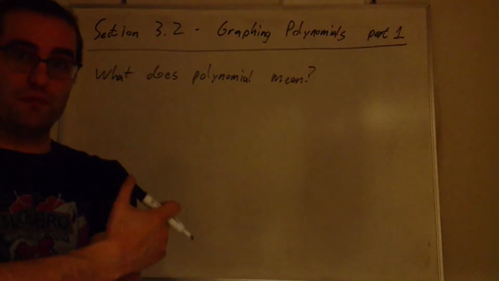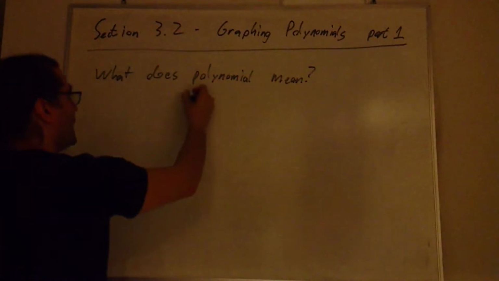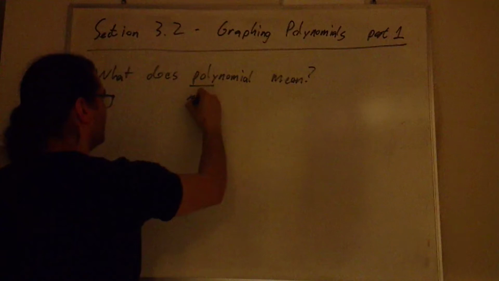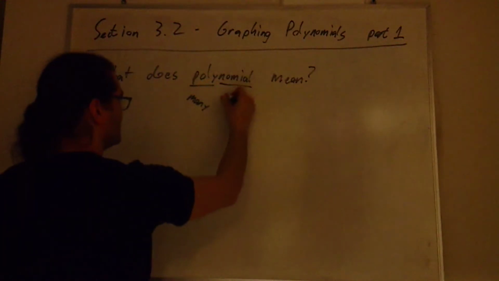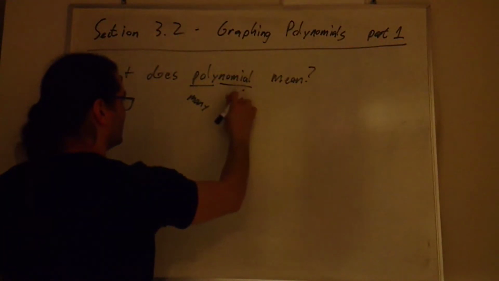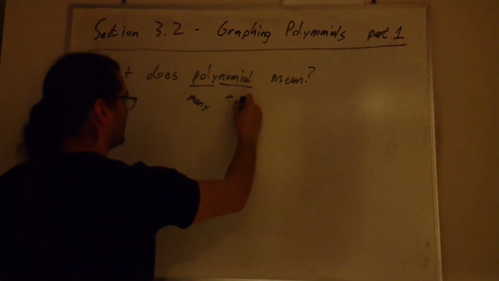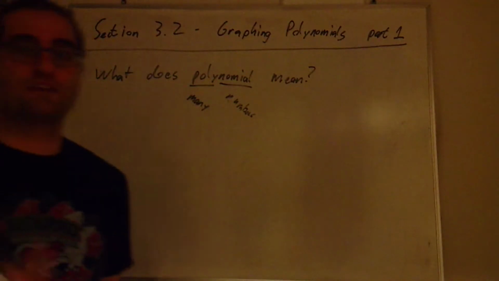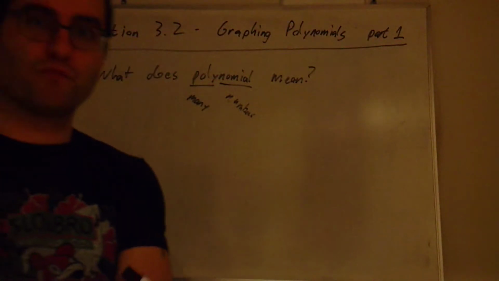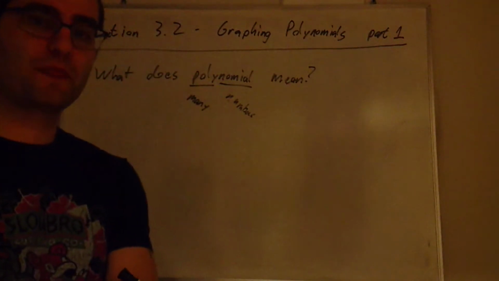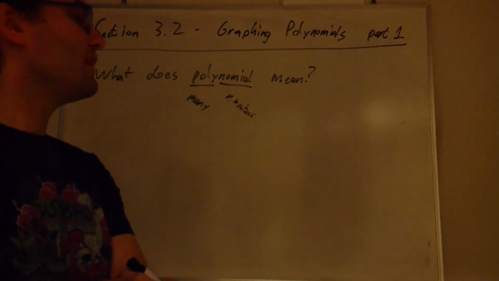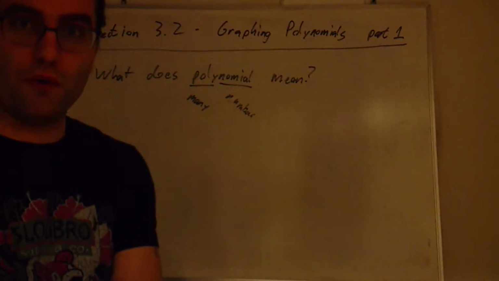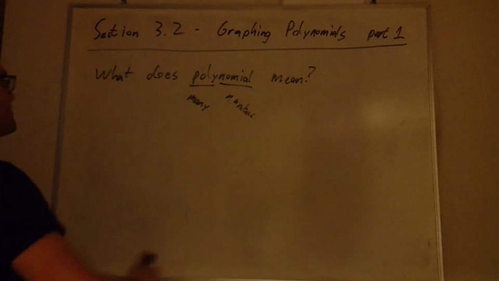What it should mean is poly is many, nomial means numbers. Polynomial should be an expression with many numbers, multiple numbers, more than one number. That is not at all what polynomial means in math.